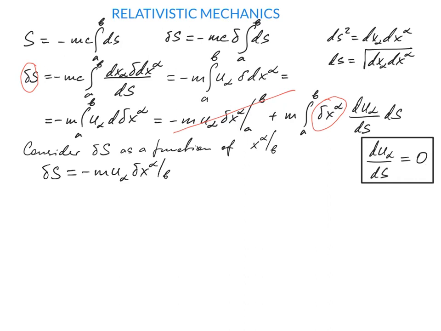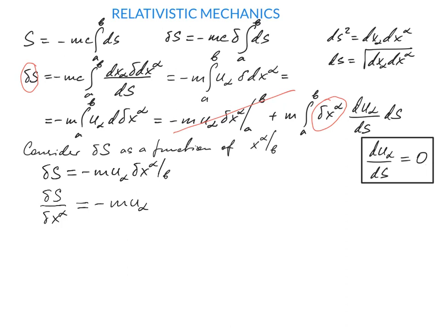We can then form a 4-vector we can call ∂S/∂x^α. It's obviously a 4-vector. S is a scalar, and you differentiate with respect to the components of a contravariant vector. So this gives us negative m u_α.